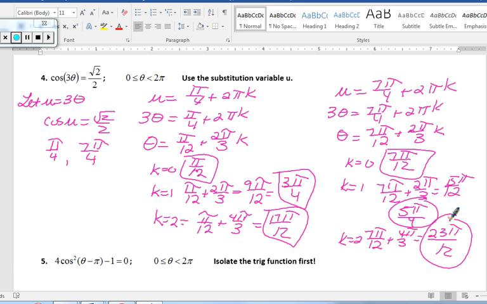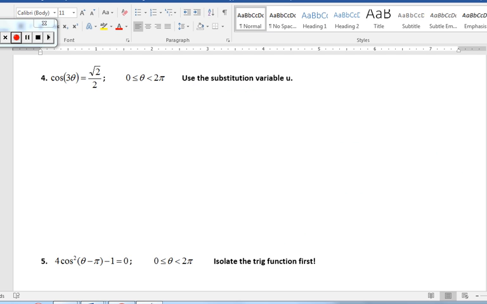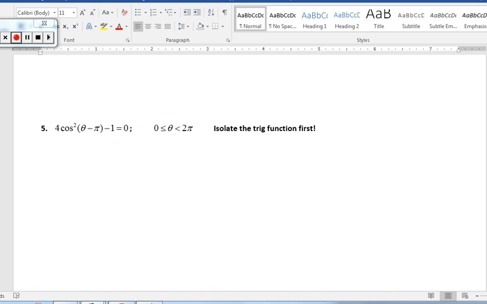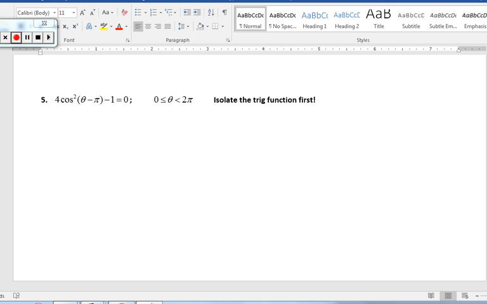Okay, we've got one more problem to solve for our notes today, and that problem is right here. We're going to work the same way. I'm going to let mu equal theta minus pi. So now I have 4 cosine squared mu minus 1 is equal to 0.